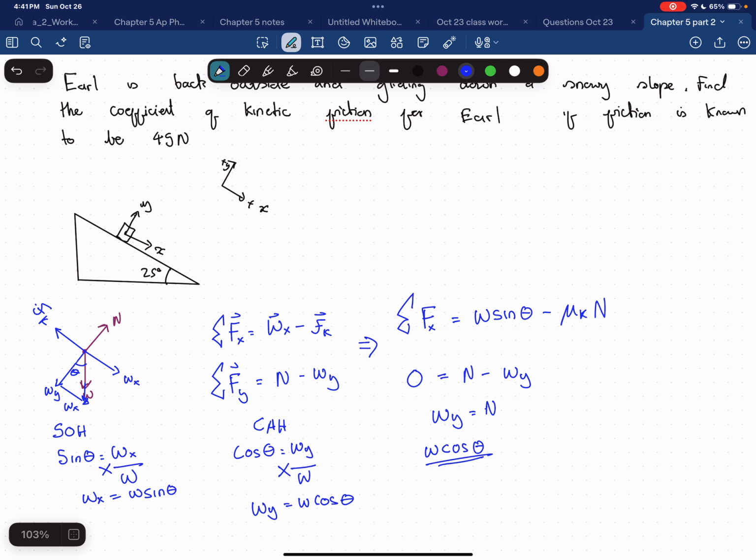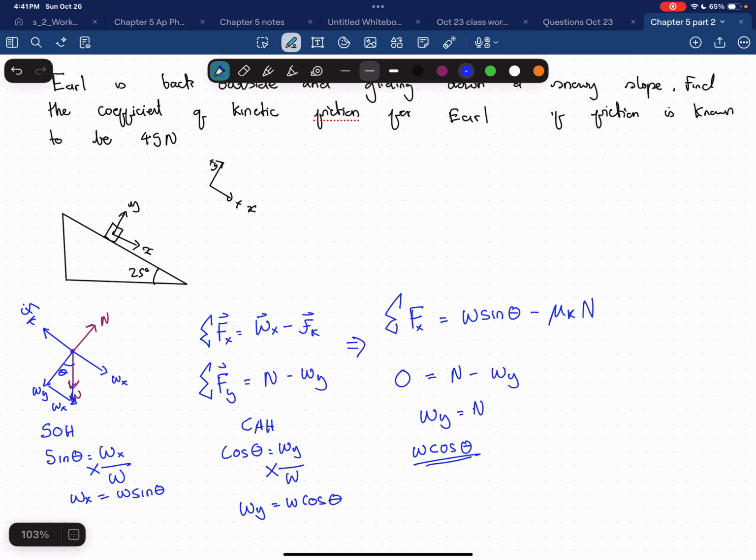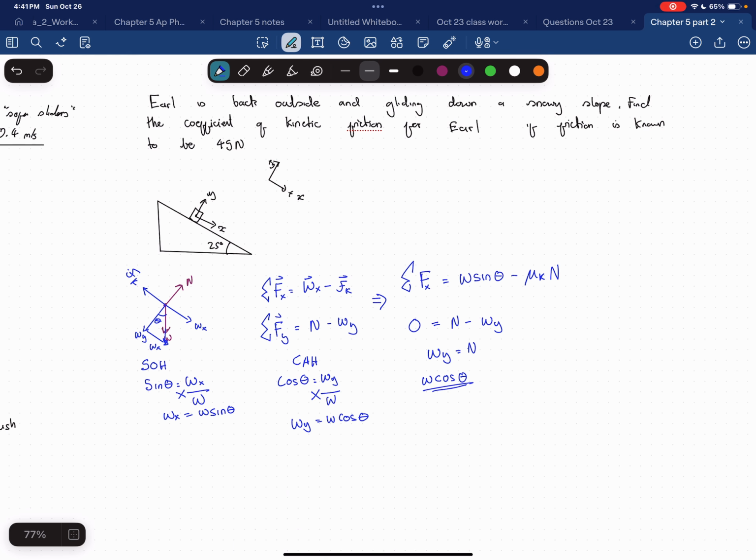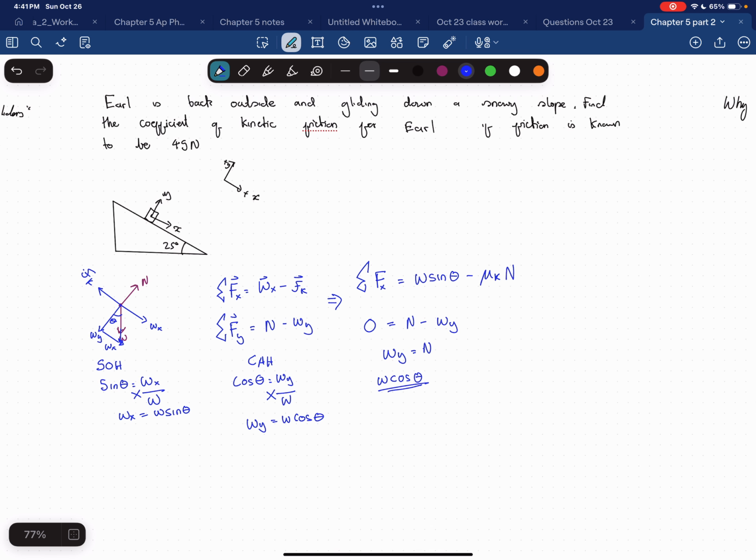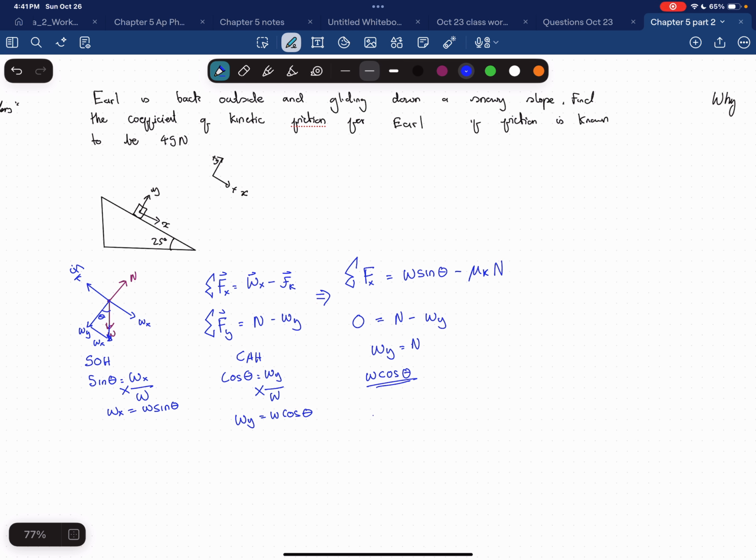We can now plug it into our x direction. Let's see. We know the value of friction.